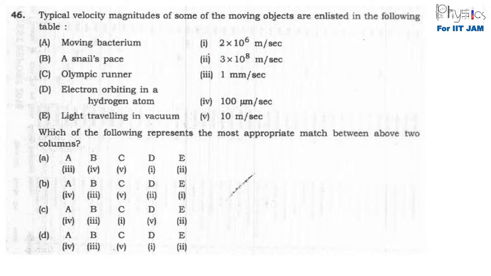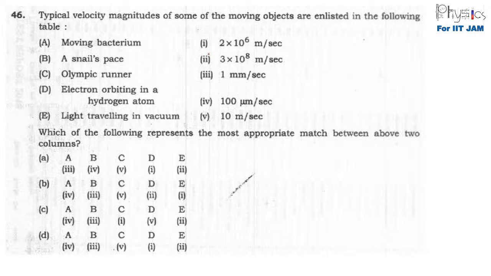The question is: typical velocity magnitudes of some moving objects are enlisted in the following table. A. Moving bacterium. B. Snail space. C. Olympic runner. D. Electron orbiting in a hydrogen atom. E. Light traveling in vacuum.